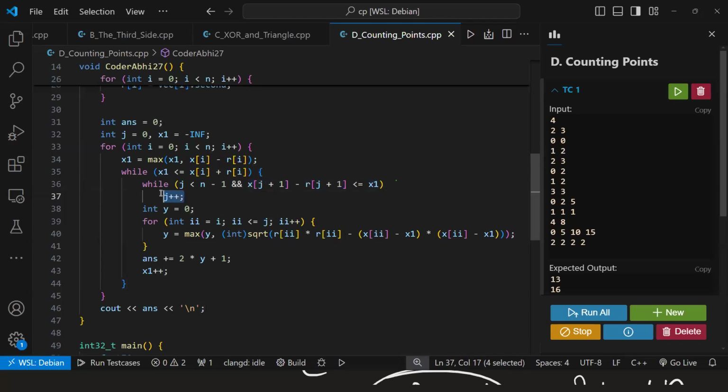So I do j plus plus. Until that can happen I will do this, otherwise I move out of the loop. So I've expanded my right range as much as I can. And then I would check for all the values from i till j. I'll iterate through all the values from i till j, and I'll maximize this y as max of y comma.